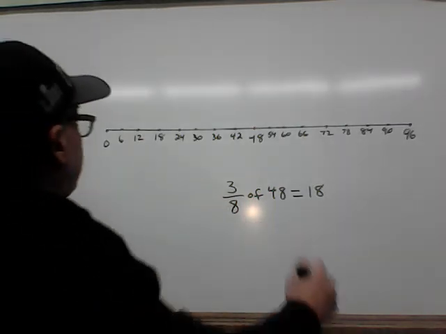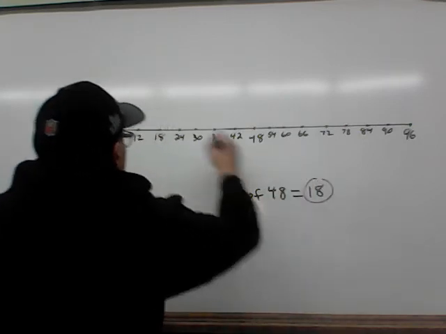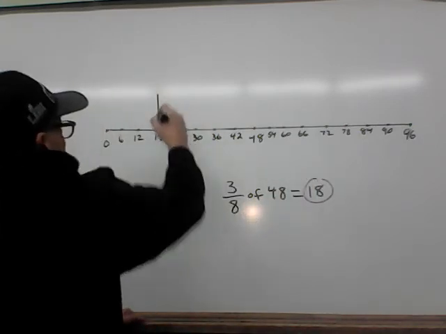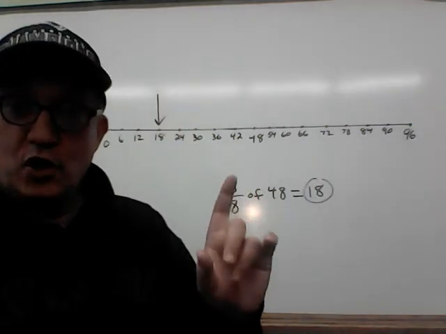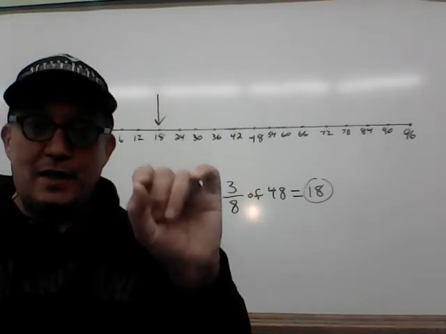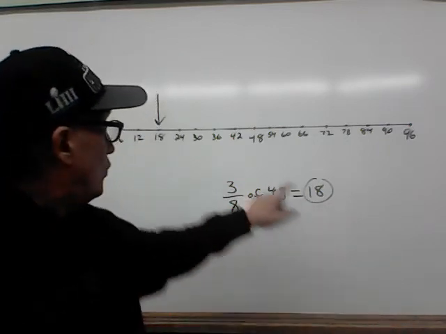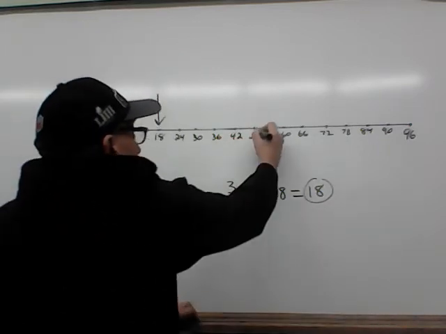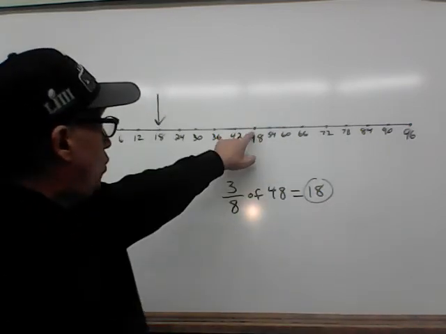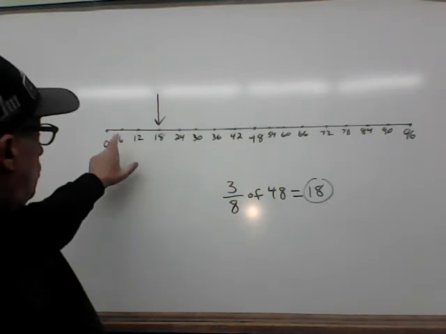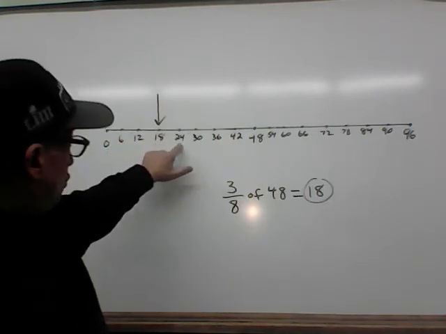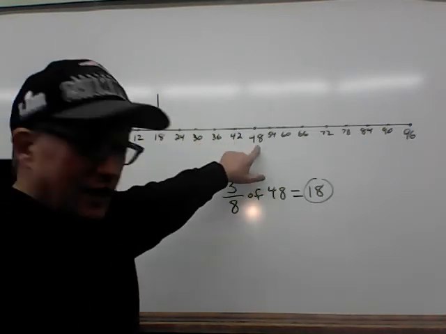3/8 of 48. 18. It's right there. That point that we're now calling 18 is the same point that used to be 3/8. See, when that 48 used to be 1, it was 1/8, 2/8, 3/8, 4/8, 5/8, 6/8, 7/8, and 8/8.